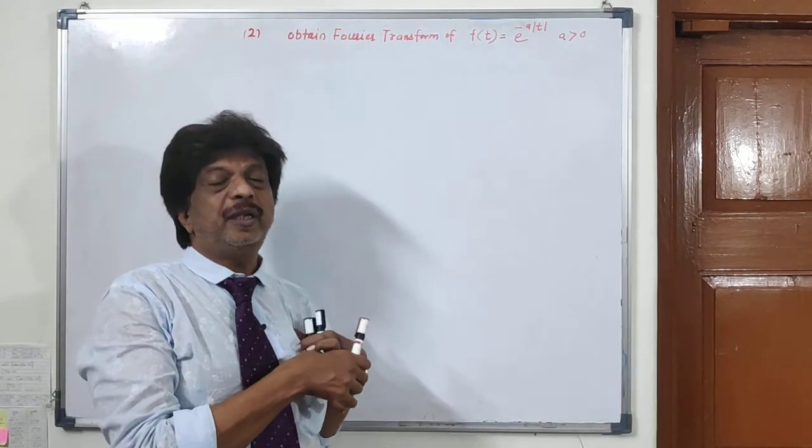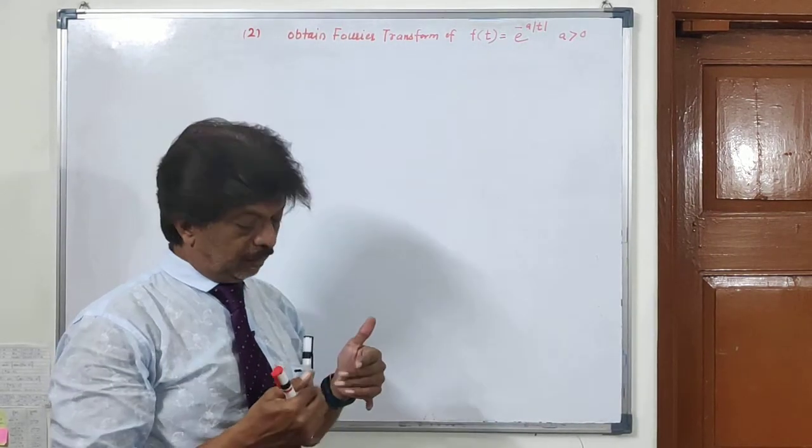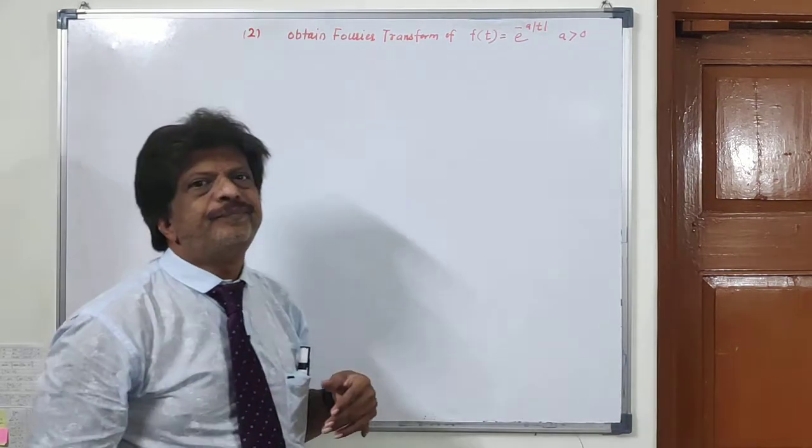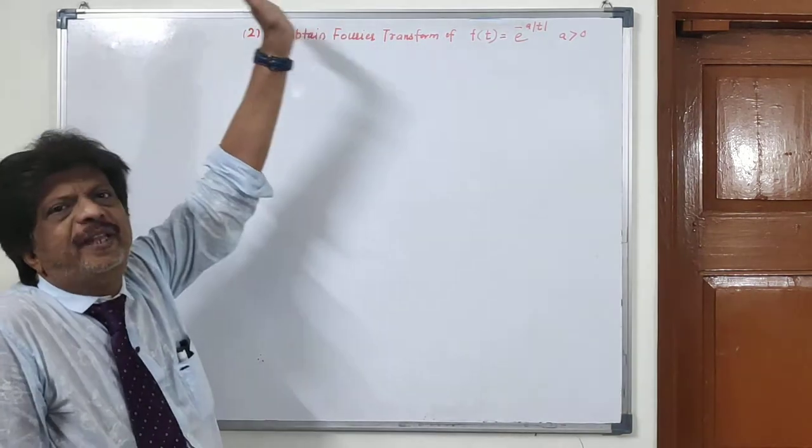Earlier, in the first example, the function was given as a function of x. Here the function of t is given.